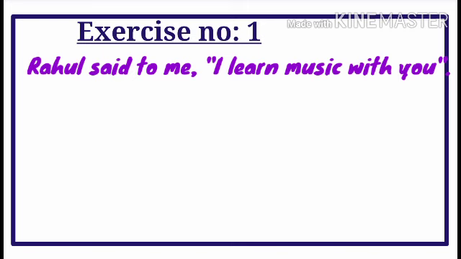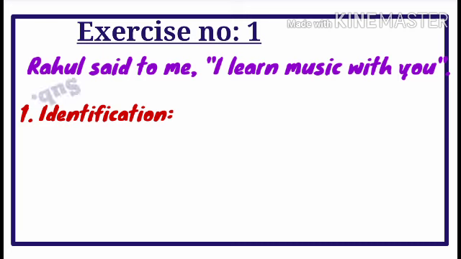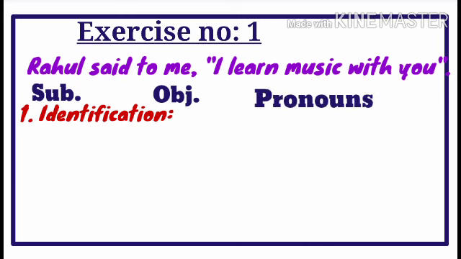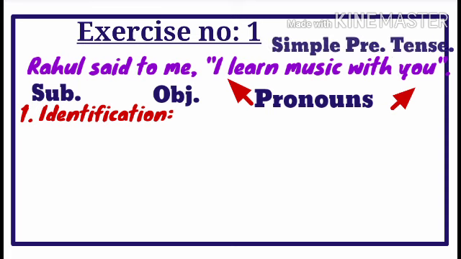First one is identify the subject, object, pronoun and tense. Subject is Rahul, object is me, pronoun, first one is I, it is first person, you, it is second person. The tense of the reported sentence, I learn music, is simple present tense.